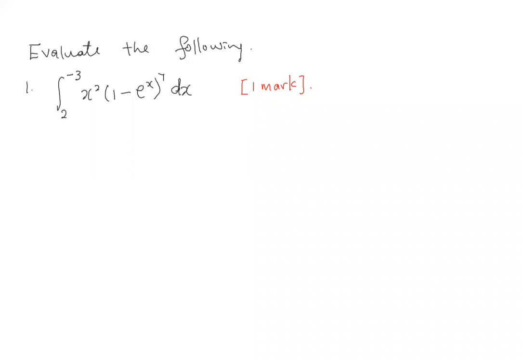I'm observing you. The moment I say 1 mark, you automatically do it. This is initiative. You don't have to wait for people to tell you what to do. You could cultivate the habit. I guarantee you, you become a better person.